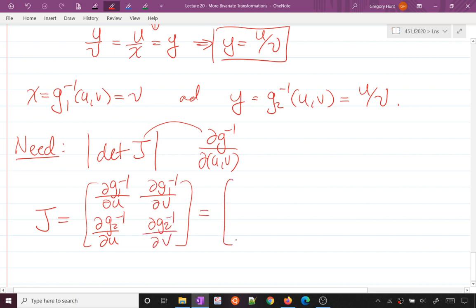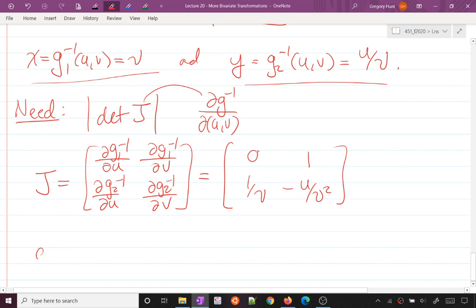And this is actually not too bad. The first row is just 0, 1, right? The derivative with respect to u is 0, with respect to v is 1. And then if we look at the other one, the derivative with respect to u is 1 over v, and the derivative with respect to v is negative u over v squared.